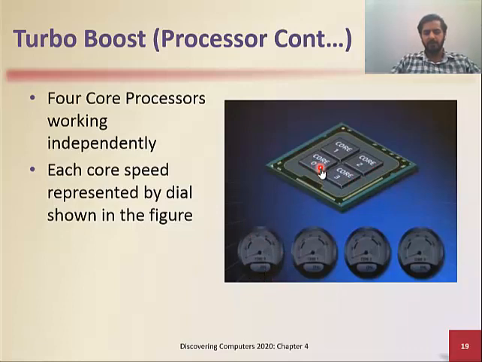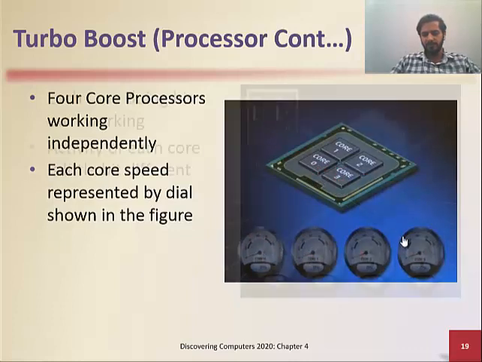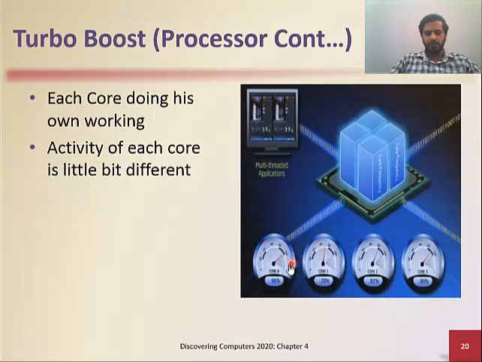You have a core 0 dial, core 1 dial, core 2 dial, and core 3 dial available. The activity of each core is represented with these dials, and you see the activity of each core is a little different depending on the working capacity of a core.